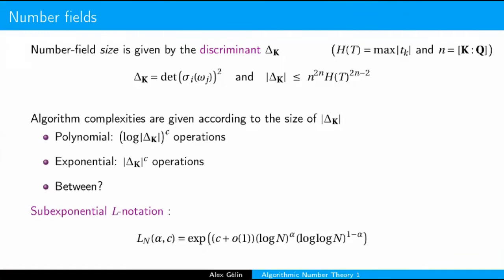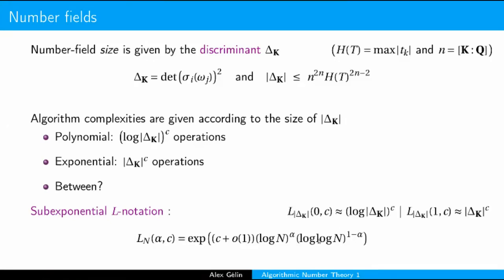It's called sub-exponential complexities, and we have a notation for that, the function L. So one more time, this time we have two variables. Here we get the C that already appeared in the polynomial and exponential. That is not really important. The important one is alpha, and we see that alpha is on the term with log, while 1 minus alpha is on the term of log log.